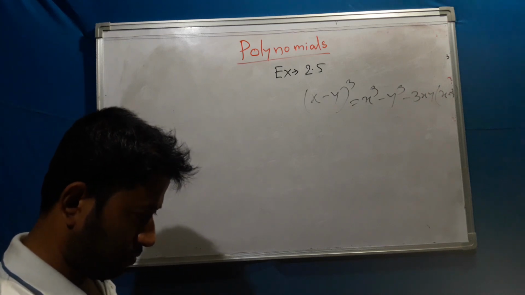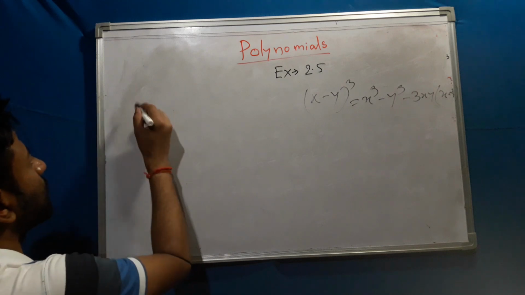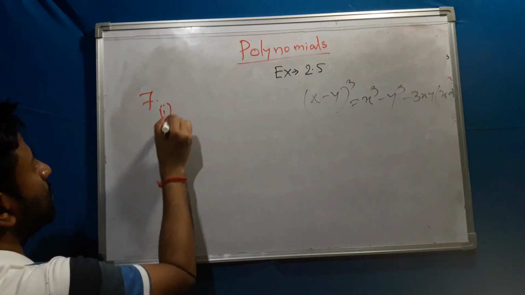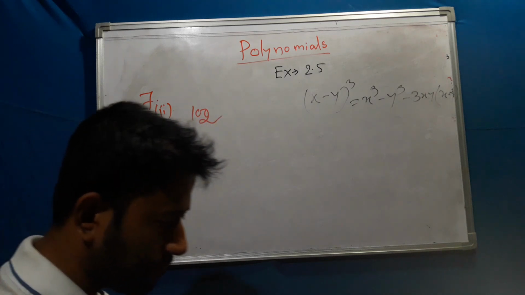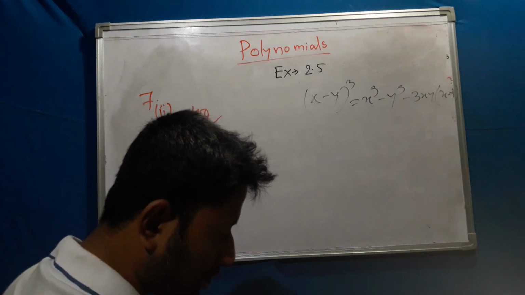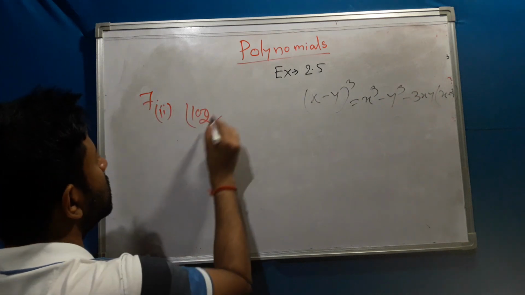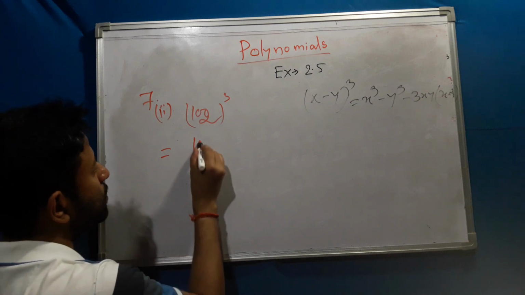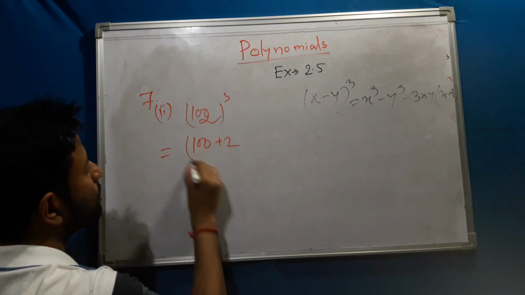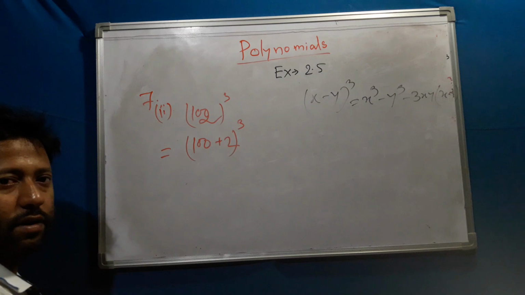Suppose I'm taking question number 7, question 2, given 102 cube. So I have to put the identity. I can write this as 100 plus 2. Okay.